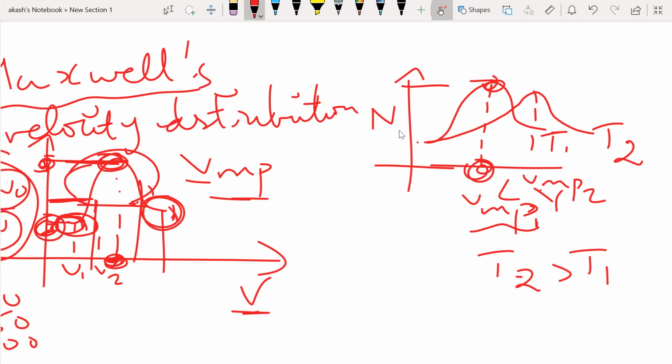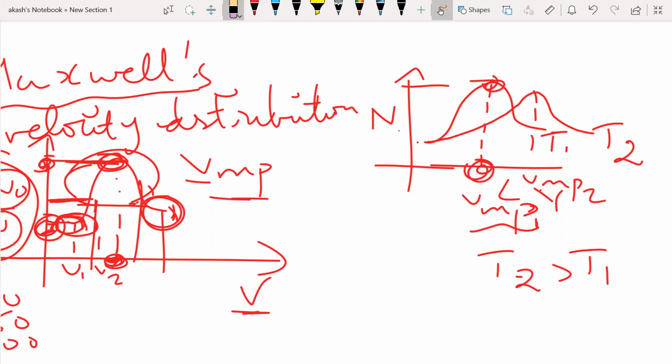And I can say almost all molecules have actually increased their velocities. There are still three categories: the most probable, the maximum velocity, and the minimum velocity. So compared to the last case, all these three velocities have increased. Now you can see the graph is not that correct.